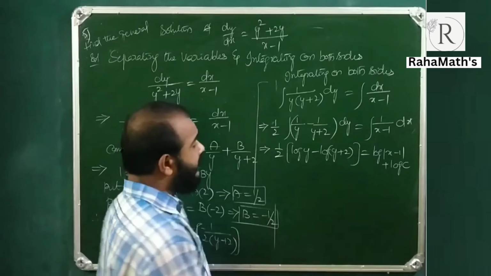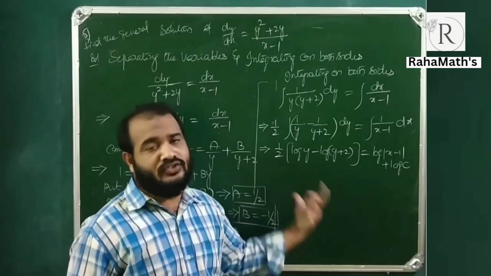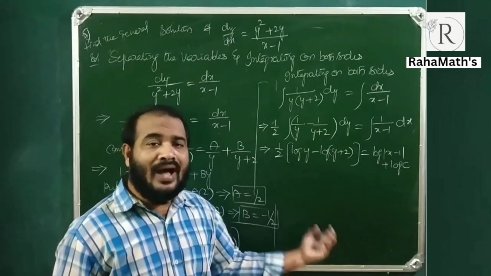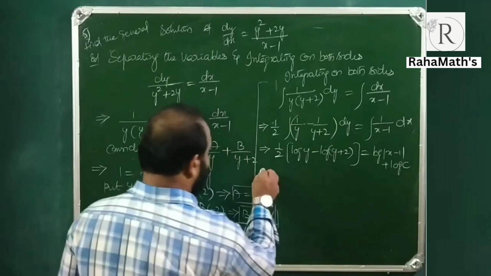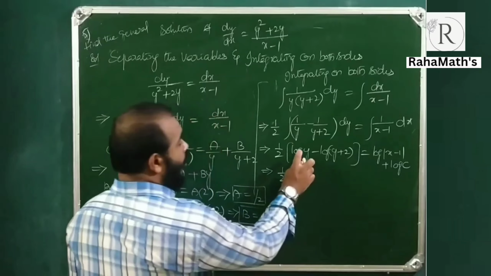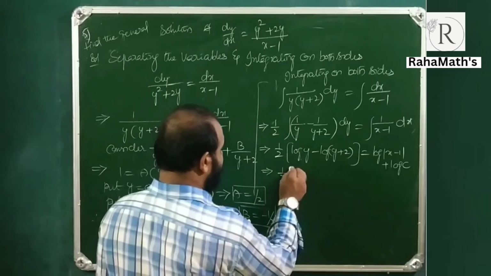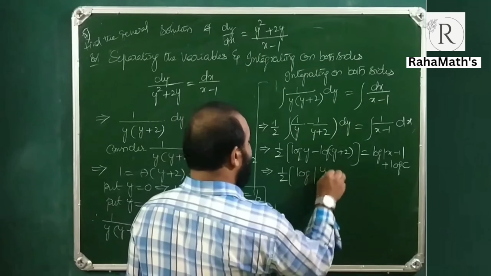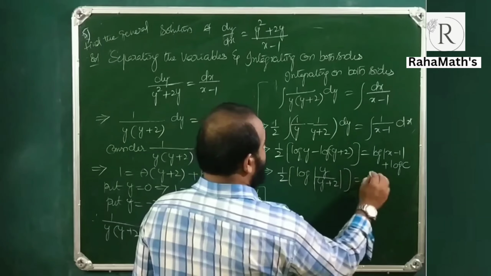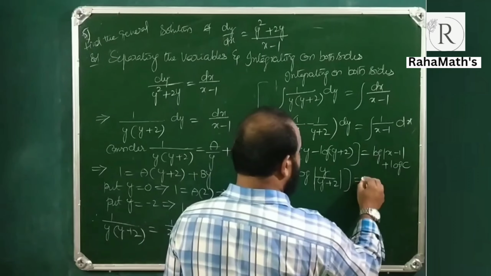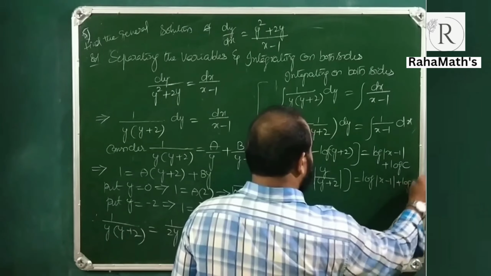That log c can even be added on the LHS also, as we have to add it on either side. So this is 1 by 2 (log a minus log b), which is log a by b. So this is log of y by (y + 2), equal to log (x − 1) plus log c.